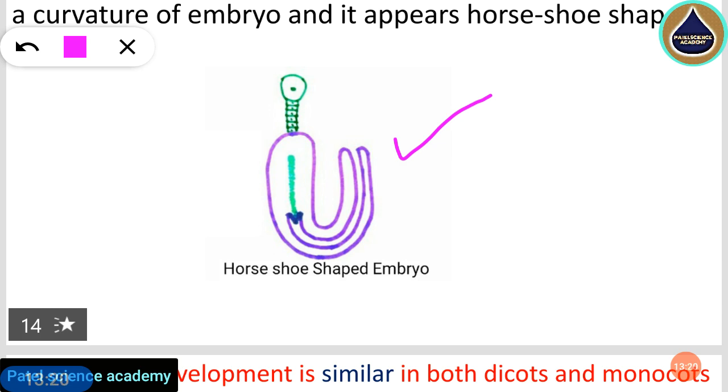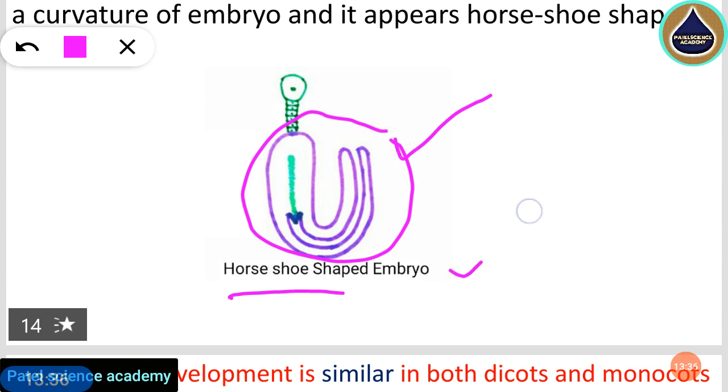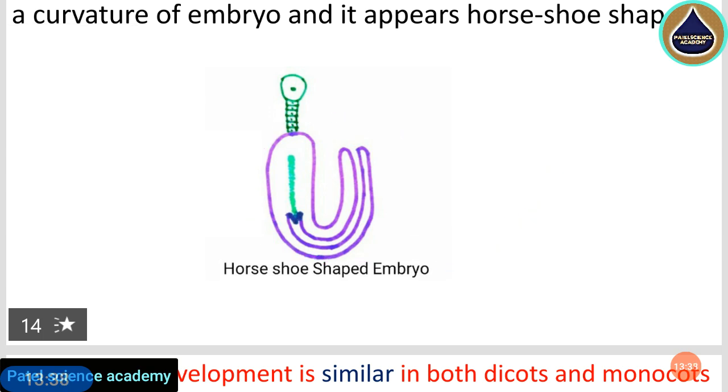Because of the development, because of the enlargement of the cotyledons and the hypocotyl, it has now assumed this horseshoe shape. So this embryo is called a horseshoe shaped embryo.